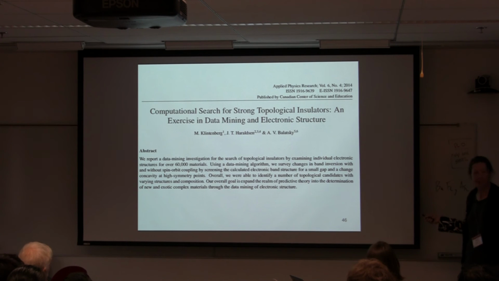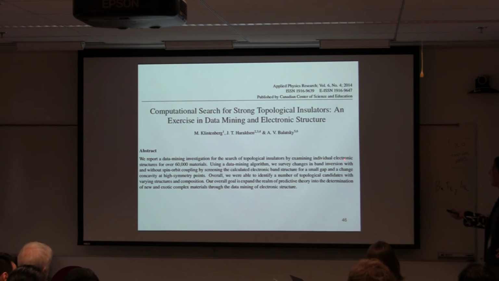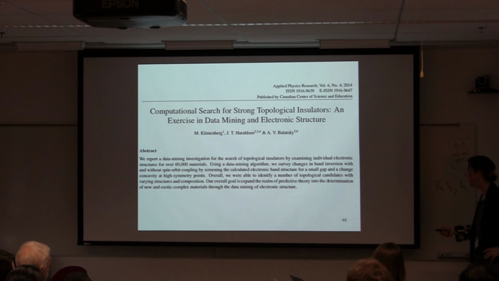Again, I picked these very similar kinds of papers. We've examined individual electronic structures for over 60,000 materials. Okay, so they're looking for band inversion. They're looking for certain features in the computed electronic structure, which you can do through data mining, and pull out certain structure types or certain compounds that have the features you want.